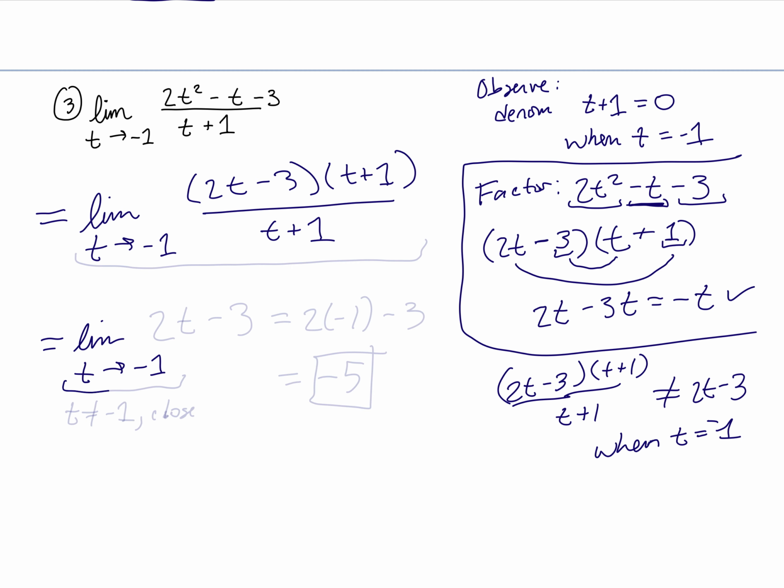But again, in this limit as t approaches negative 1, t is not actually equal to negative 1, it's just close to negative 1. So this limit is equal to the simplified version, 2t minus 3. And now this is just, again, the limit as t approaches negative 1 of a polynomial, a linear function. And so this gives us 2 times negative 1 minus 3. This gives us a limit of negative 5.